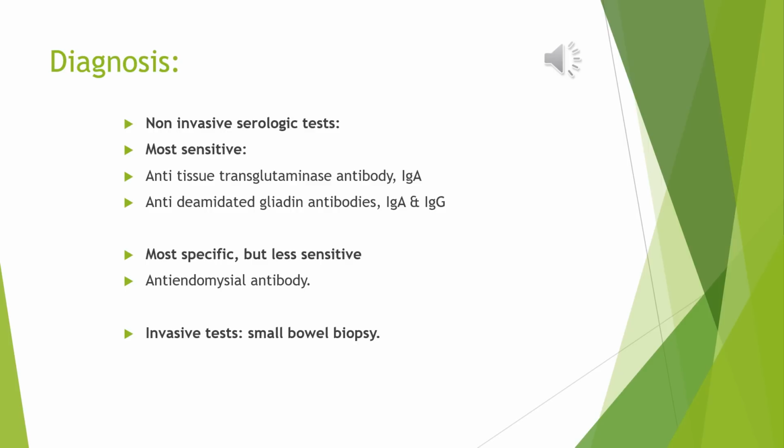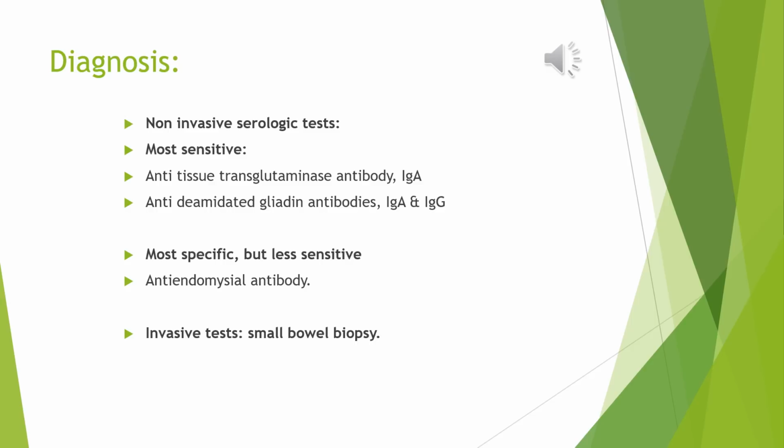When we diagnose the patient with celiac disease, the best current treatment is a gluten-free diet. A gluten-free diet will result in a reversal of symptoms, a disappearance of symptoms, a fall in the antibody levels, and even a reversal of the changes on the small bowel biopsy.